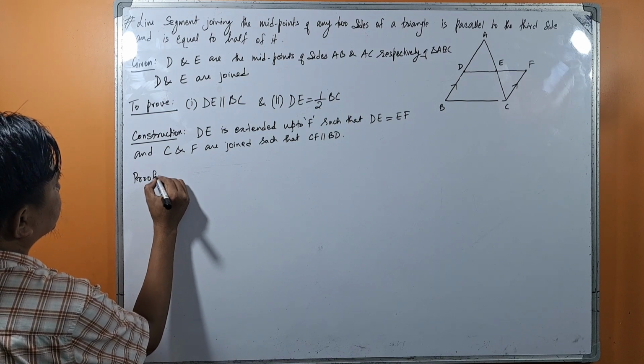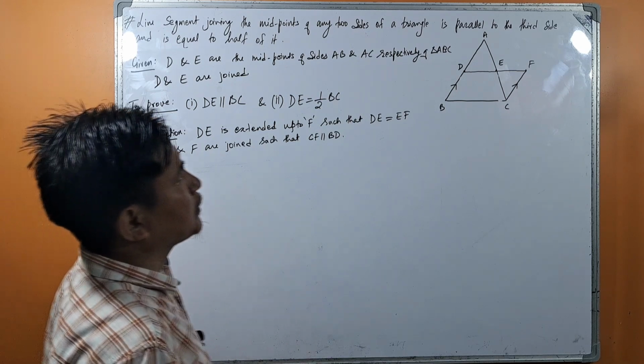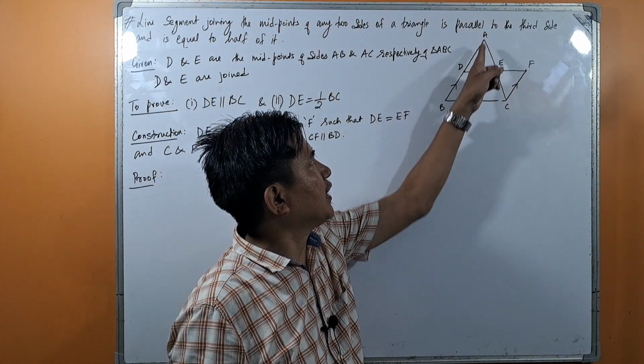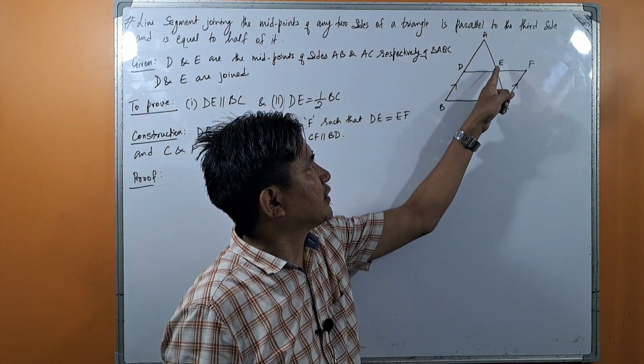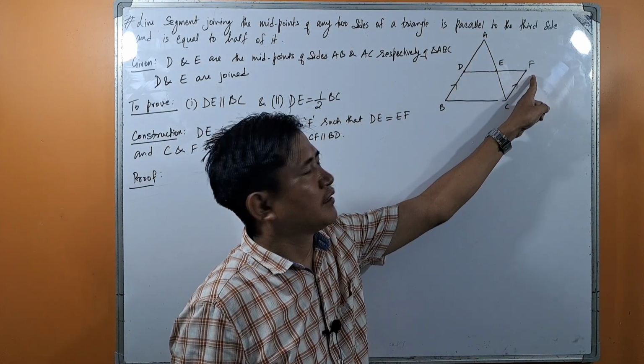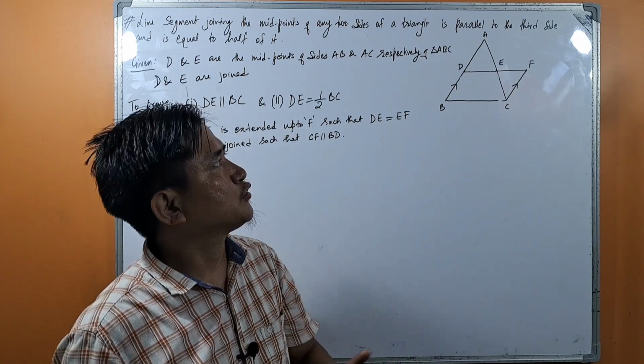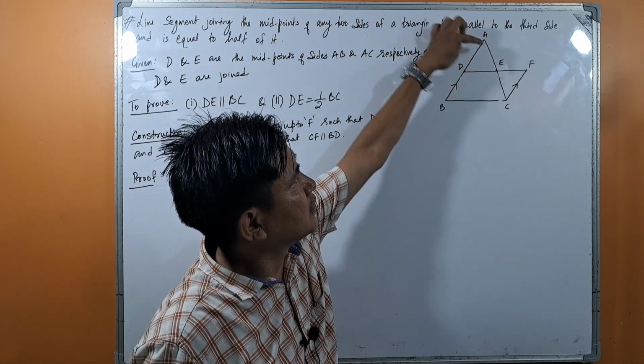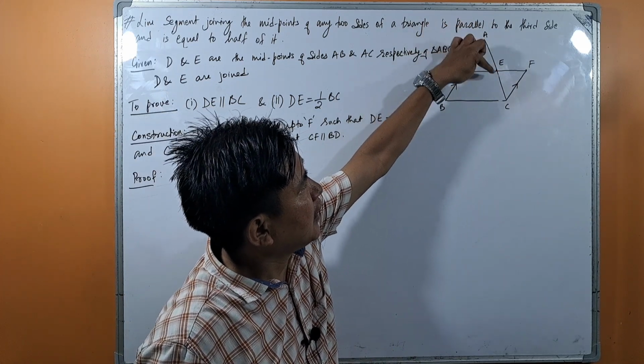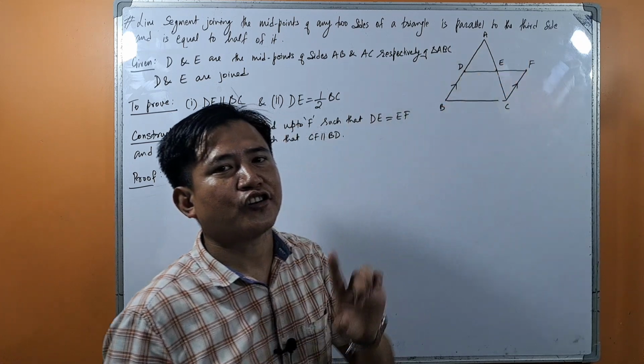Proof. We can see two triangles here, triangle ADE and triangle ECF. Okay, our first task is to prove these two triangles, triangle ADE and triangle ECF, are congruent triangles.